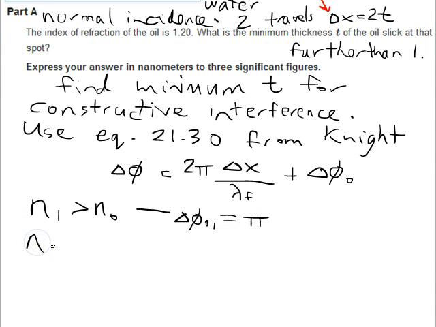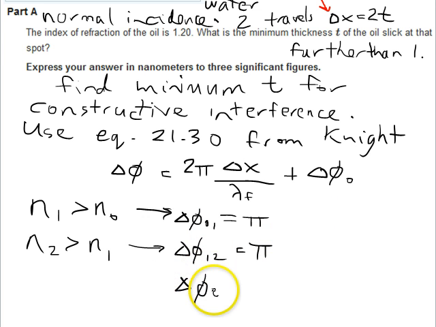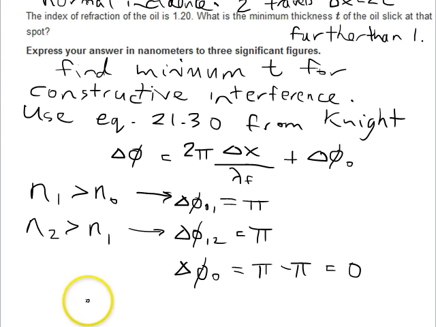And then the second interface, n2, is also greater than n1, and so this means that the delta phi from 1 to 2 is also pi. And so this delta phi 0 is going to be pi minus pi equals 0. And so there's no phase difference there, but you want constructive interference, which will be delta phi equal to some integer times 2 pi.